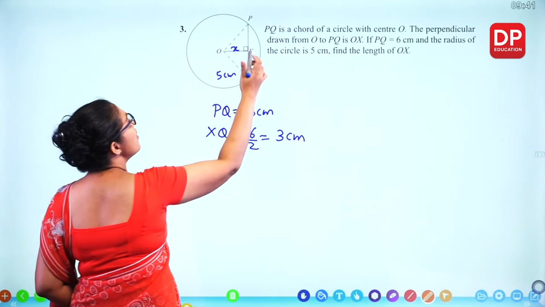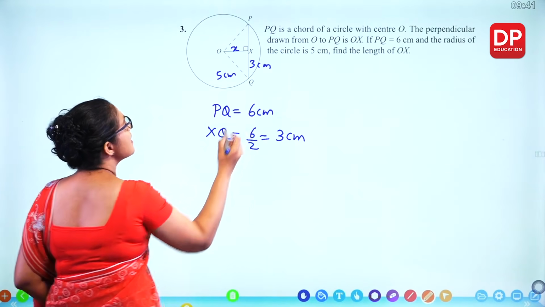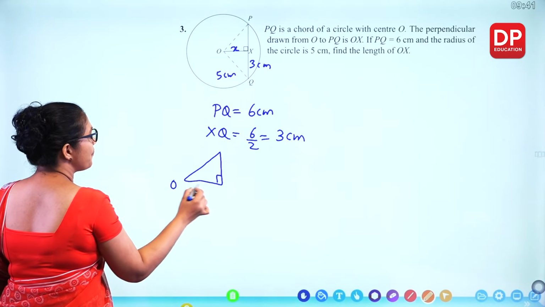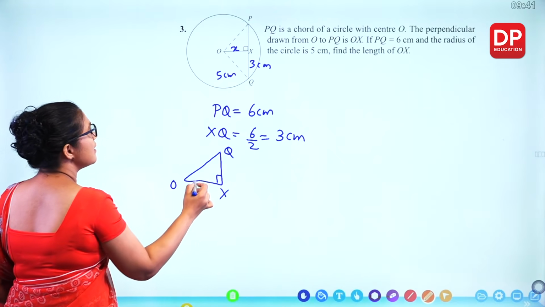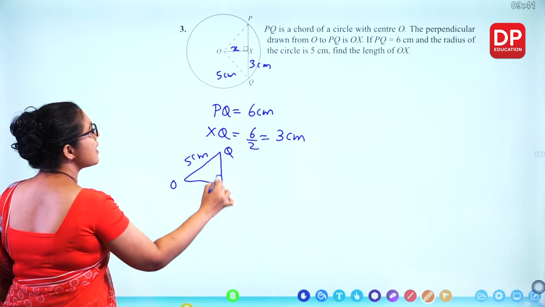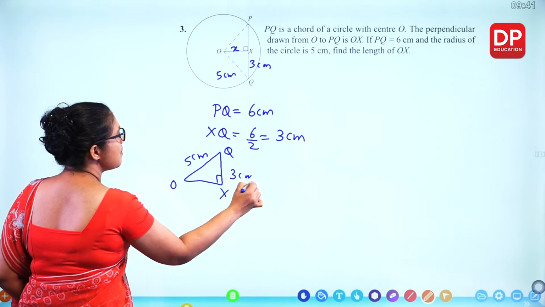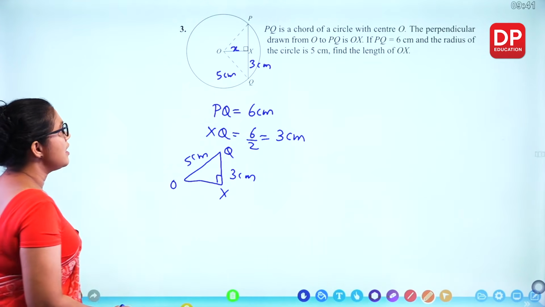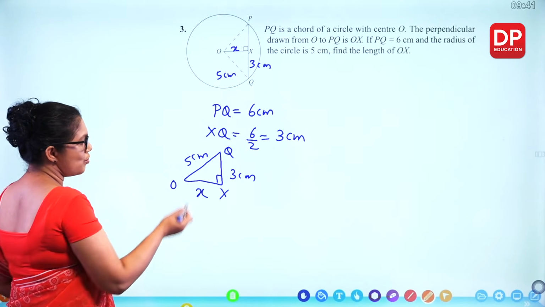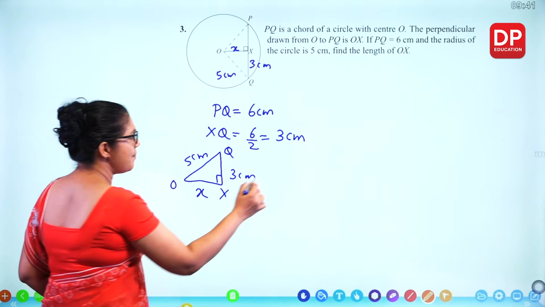So we know this is 3 centimeters. So when you look at the triangle OXQ, this is 5 centimeters and XQ is 3 centimeters and you need to find out OX, that's X. So use Pythagoras theorem.